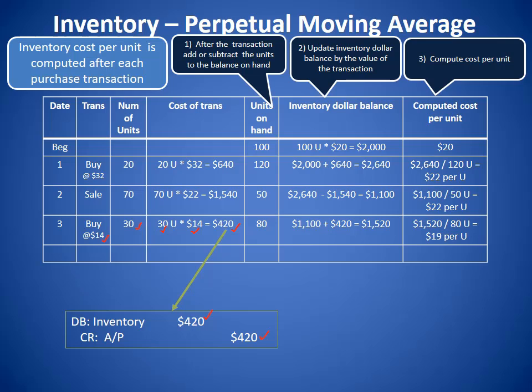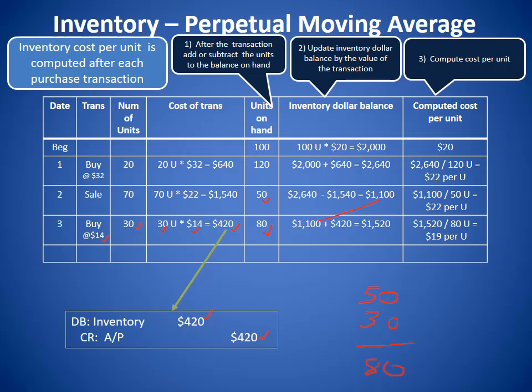In terms of our units on hand, it's 50 units from our previous units. We add to that the additional 30 units that we just purchased. So the number of units on hand in our perpetual inventory are now equal to 80 units. Now again, if we look at the effect on the balance in our general ledger for this inventory item, we take the $1,100 balance from our previous transaction.